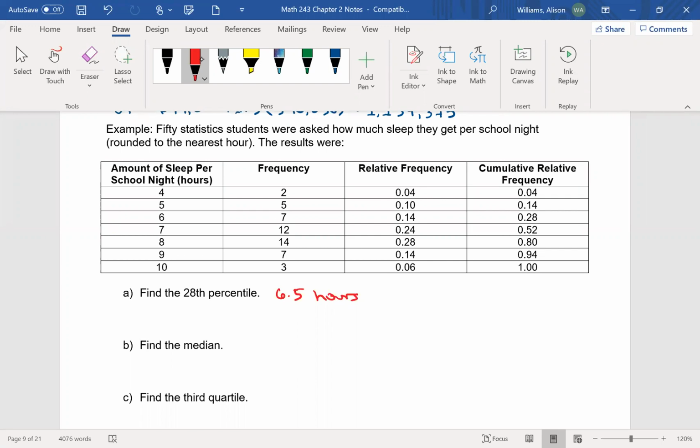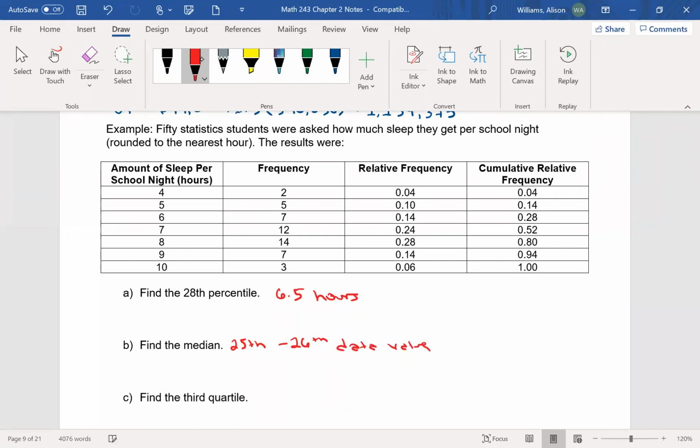Now, the median in this case is going to be in the middle of this, and we have 50 students. So the median is going to be between the 25th and the 26th data value. I'm going to write that down, 25th to 26th data value.